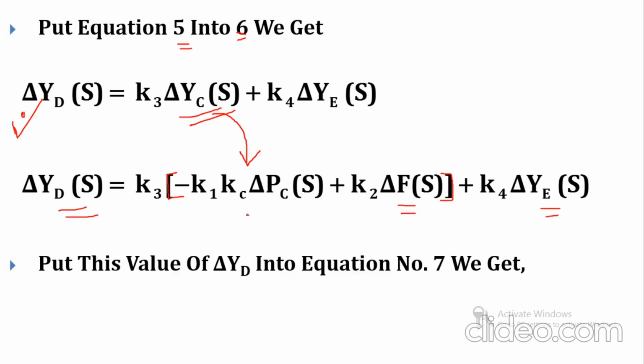Clear? So pc, f and ye, we have all our three variables, output and two inputs. So we have to replace simply delta yd. And how can we do this? We will replace delta yd into equation number 7.